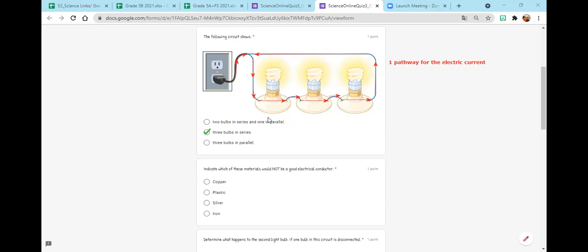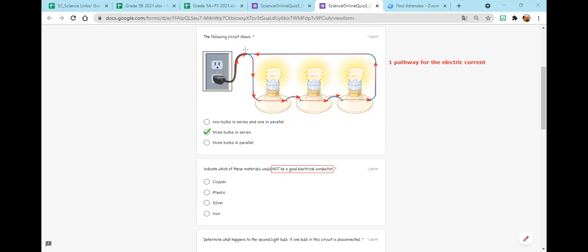Second question. Which of these materials would not be a good electrical conductor? So am I asking for a conductor or an insulator? Not a good electrical conductor. Insulator. So we are asking for the insulator.